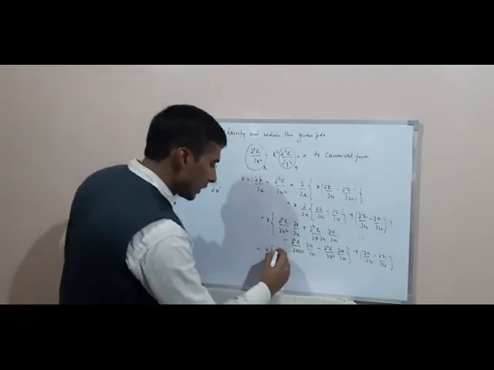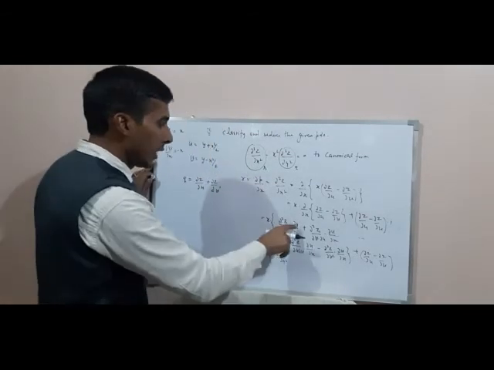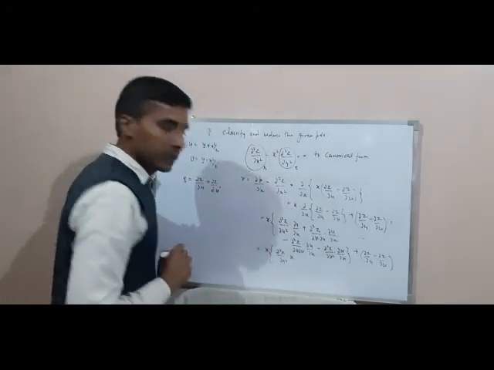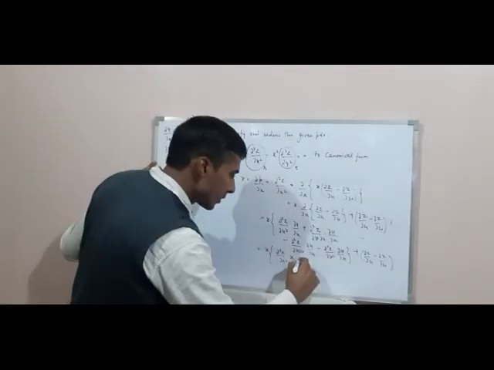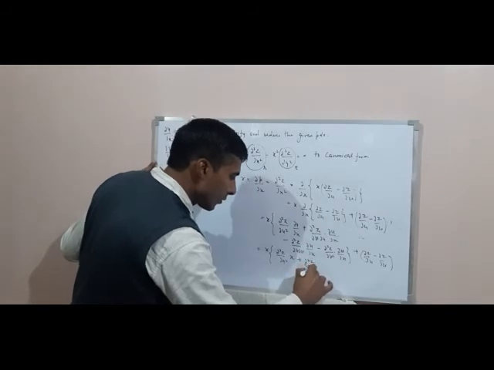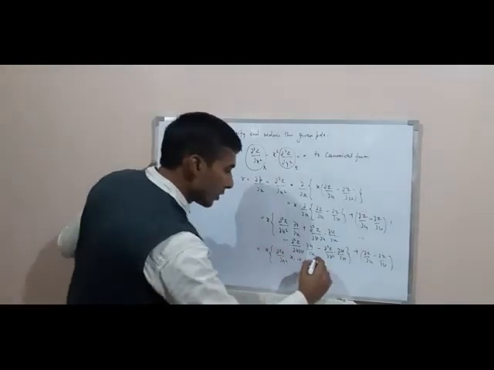∂²z/∂u² and ∂u/∂x, what will it be? This is x, plus ∂²z/∂v∂u, and ∂v/∂x is minus x.